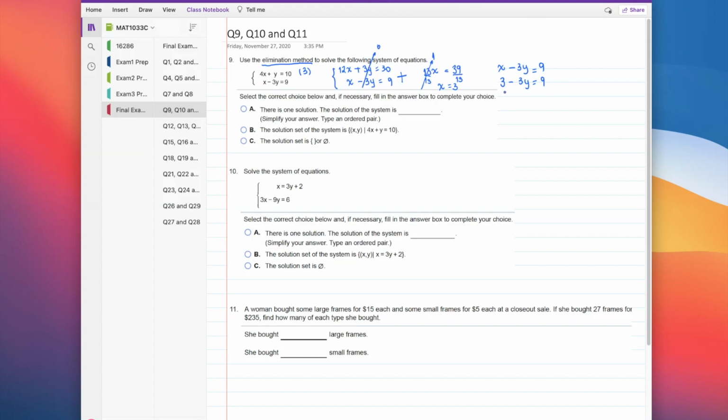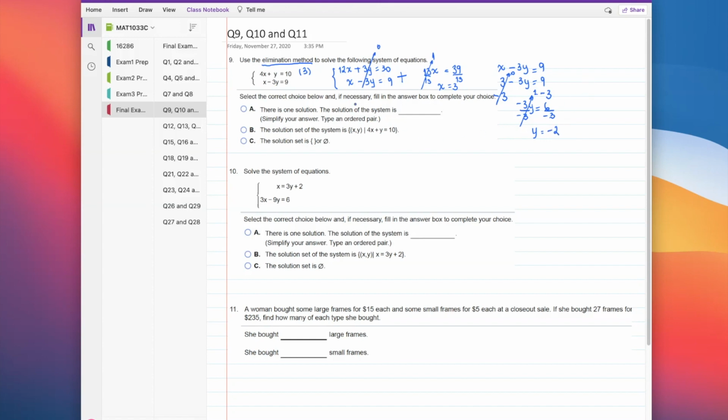I will take 3 on both sides, add negative 3. This term disappeared. Now I have negative 3y equals 6. Then, to make the coefficient 1, I divide by negative 3. Now this became 1, and here negative 3. Then my value for y is negative 2.